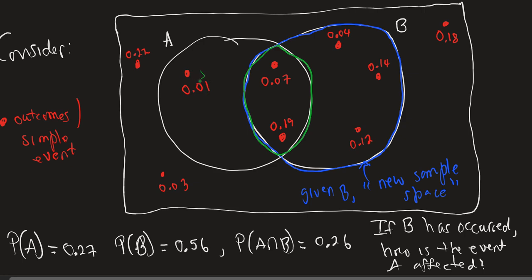And then if we were to apply our classical probability approach, so listen carefully. If we're supposed to apply our classical probability approach to now update the likelihood of A occurring, we would have to take essentially the sum of what's in the blue circle.